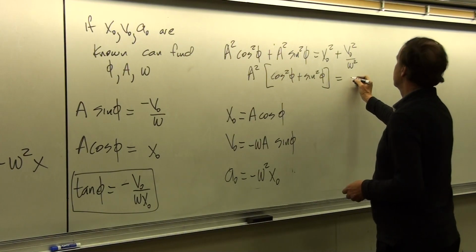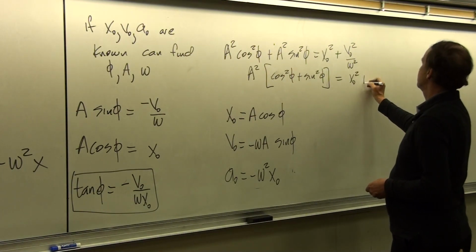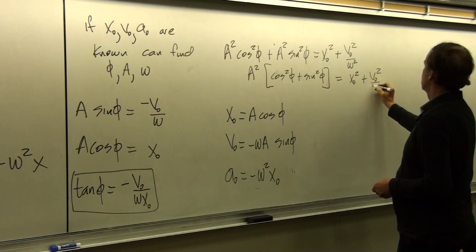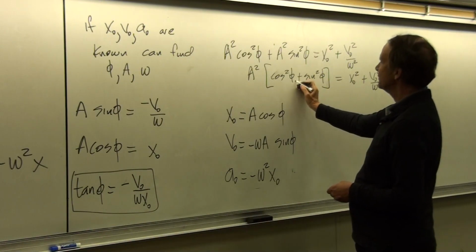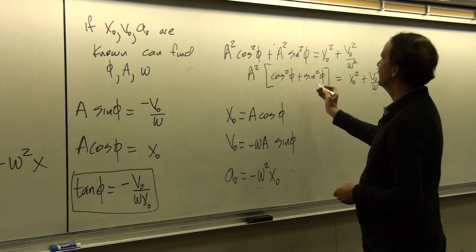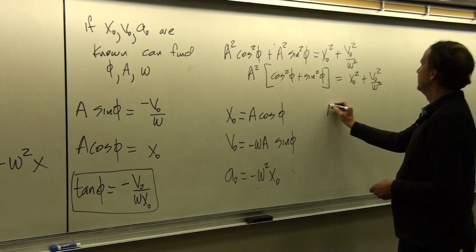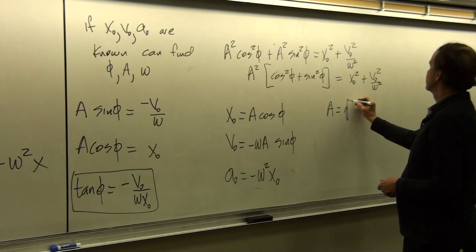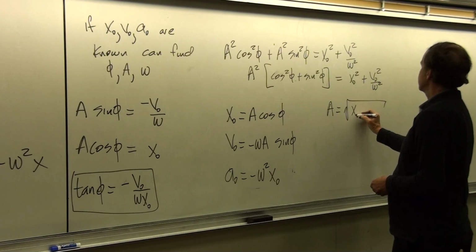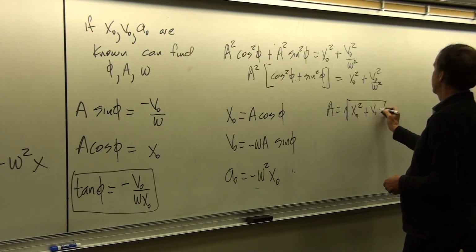But then this is 1. That's a trig identity: cosine squared plus sine squared is 1. So A then is equal to the square root of x naught squared plus v naught squared over omega squared.